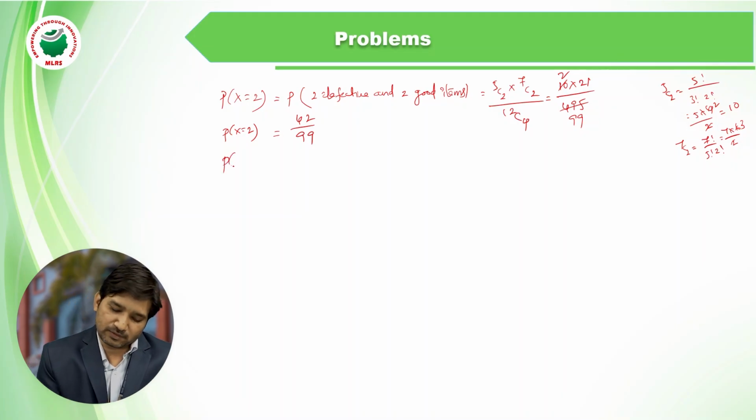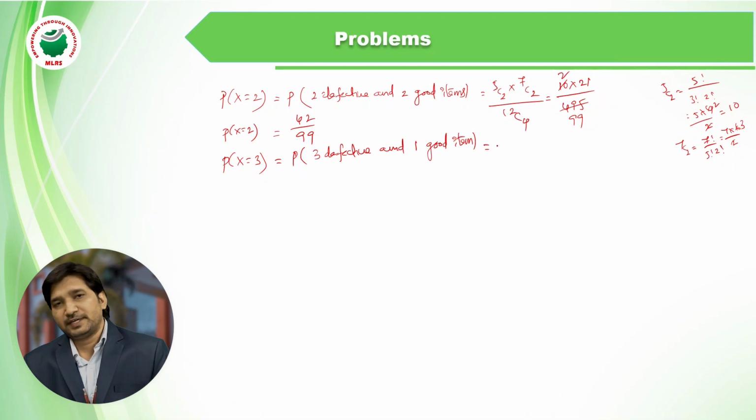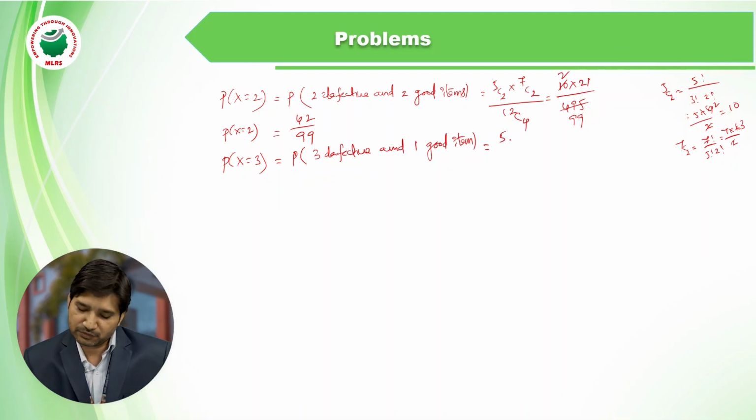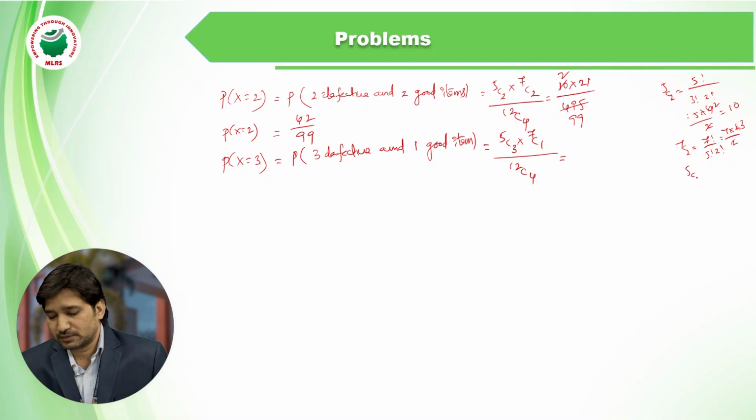Next, P of X equal to 3. So here 3 defective items and 1 good item. Here 3 defective items means 5C3, and 1 good item means 7C1, out of 12C4. 5C3 is 5 factorial by 2 factorial into 3 factorial.